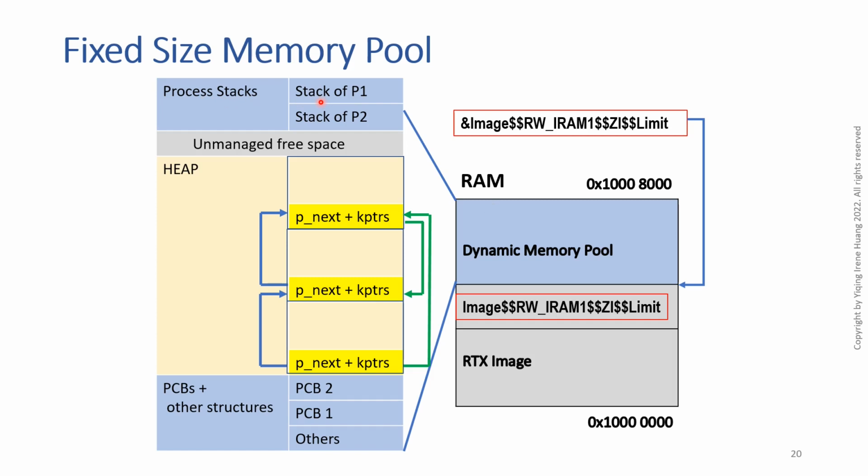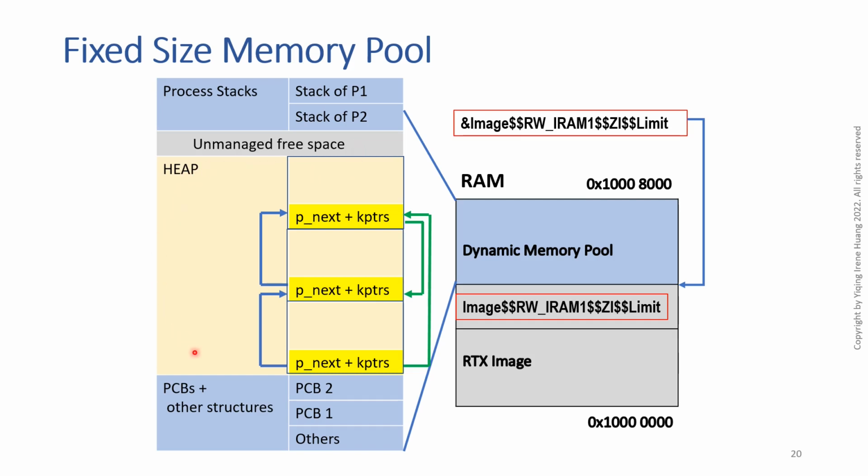The top part we used for stacks for 2 processes, and the bottom part we use for PCBs and some kernel data structures for the starter code. So what you're left with is this middle part. You're going to use this middle part to create 32 memory blocks, and each memory block is 128 bytes long. So there will be some left unmanaged free space, and that's fine.